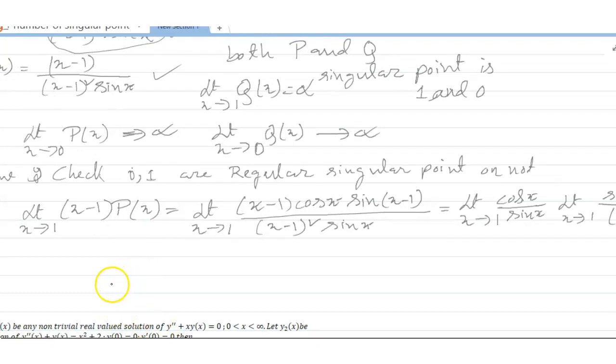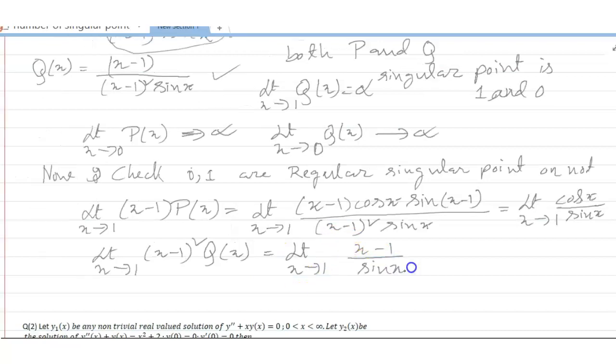Now again I have to check limit x tends to 1 (x minus 1)^2 q(x), which equals to limit x tends to 1 (x minus 1) divided by sin x. This value equals to 0.